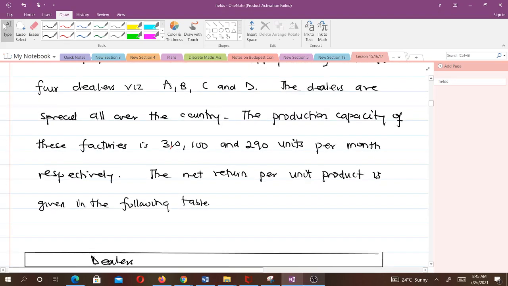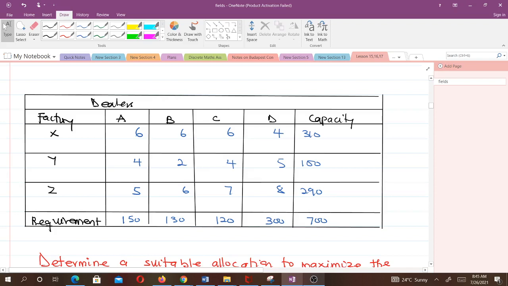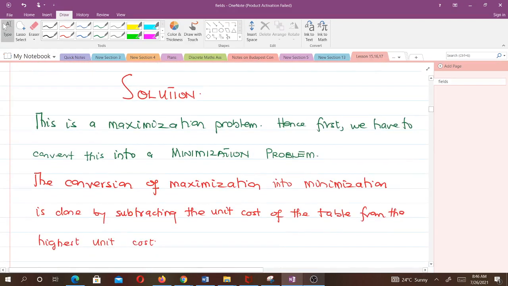The net return per unit product is given in the following table. The question says, determine a suitable allocation to maximize the total return. In the previous ones, we were trying to minimize transportation cost, but here we have to maximize the total return. So let's look at how to solve it.